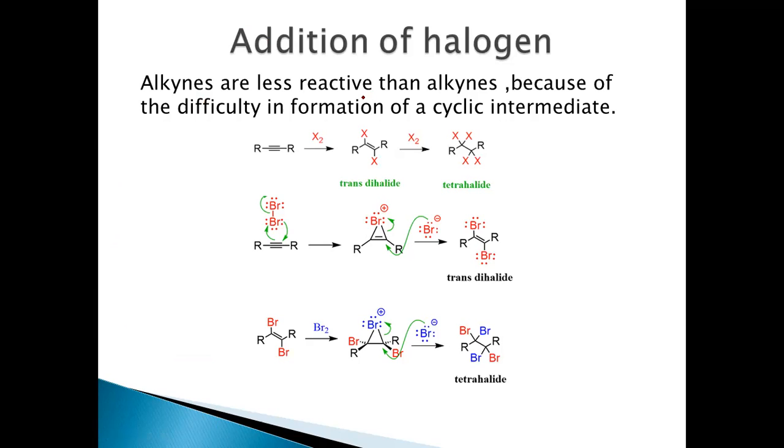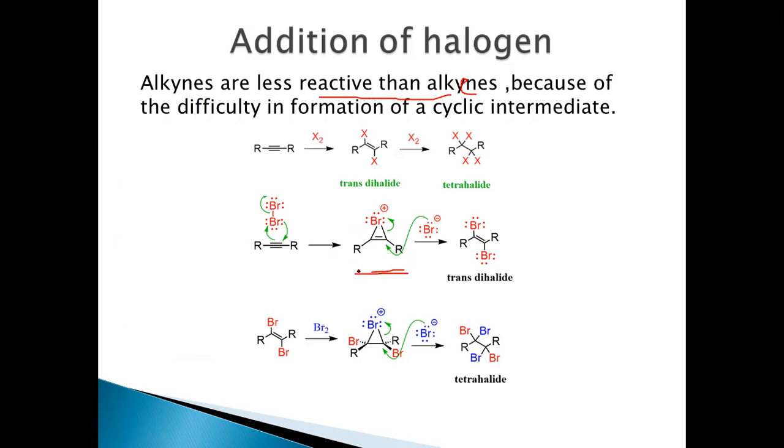To alkynes, that is C triple bond C, these alkynes are less reactive than alkenes. Why? Because during the mechanism, a bromonium intermediate is formed.